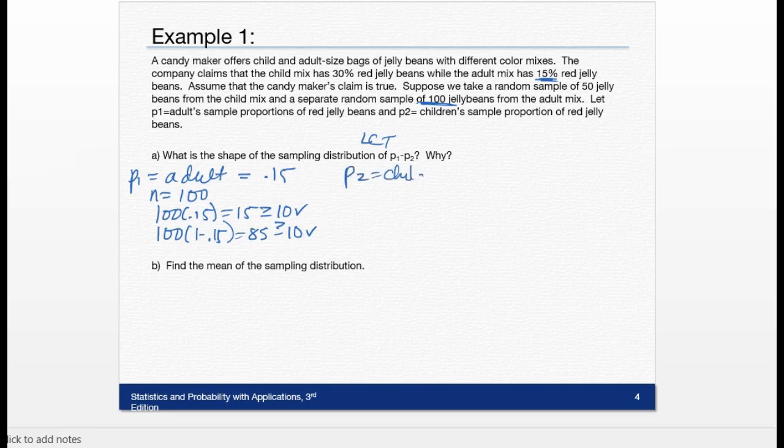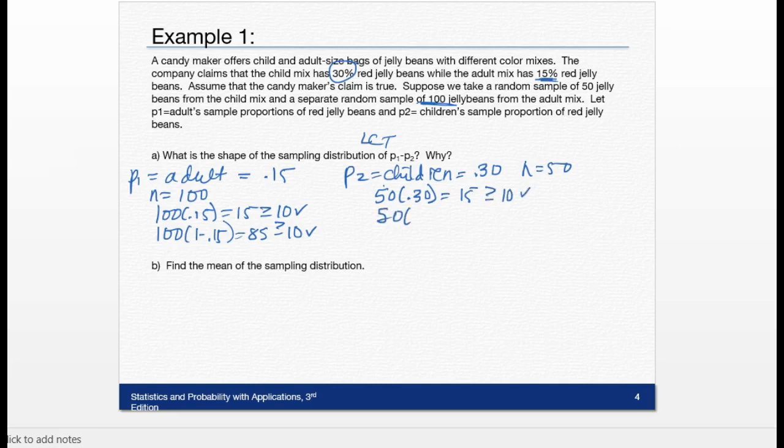P2 is the children's proportion of red jelly beans, and up here in the wording that is 0.30 or 30%. My sample size for children was 50. So let's run large counts. I have 50 times 0.30, which gives me 15, greater than or equal to 10.